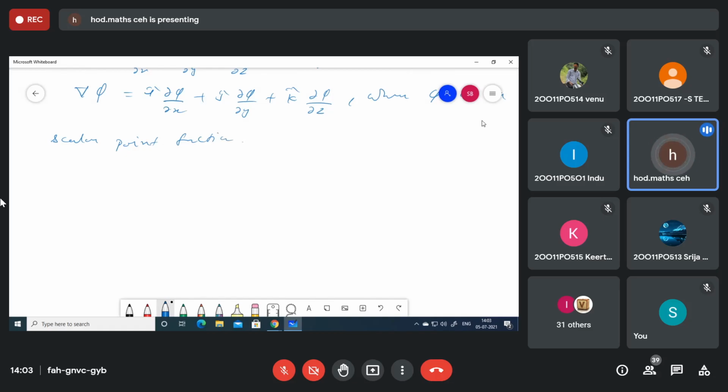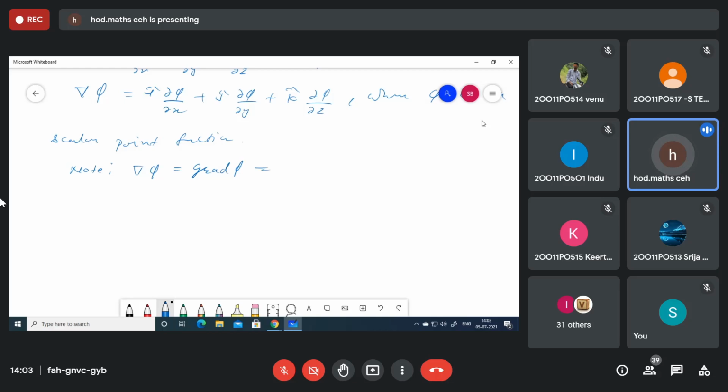So what does this del phi represent? It represents the gradient of phi. This you already know.